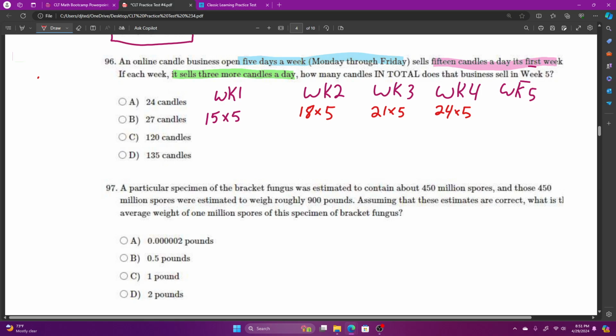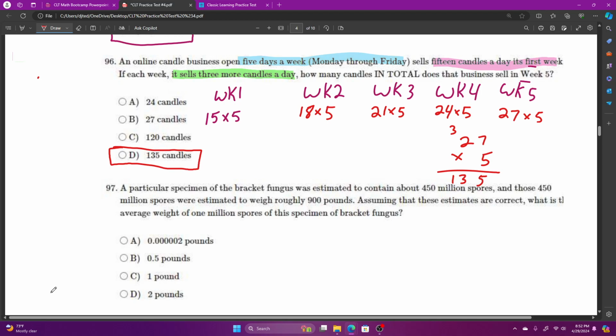We're selling 3 more candles a day times 5 days that week. So we've got 27 times 5, 7 times 5, 35. 5 times 2, 10 plus 3, 13. They're selling 135 candles in total during week 5.